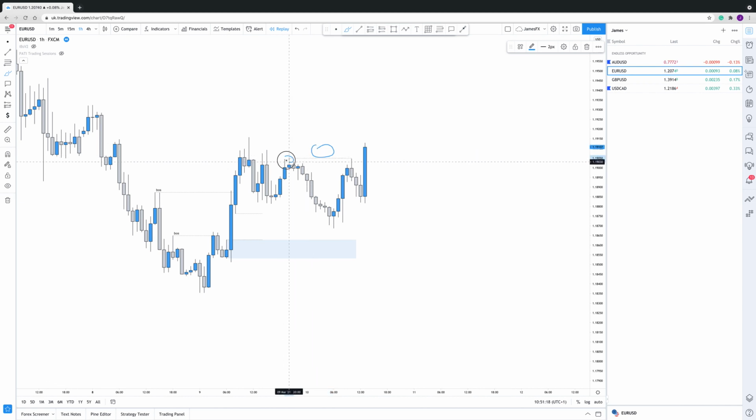You get one high and two highs, so they're equal. They won't always be perfectly equal like this, but once we get this, it means there's liquidity above from people who are shorting from here, known as a double top, or from people with buy stop orders looking to go long. So you can see price now impulsed up above the equal highs.